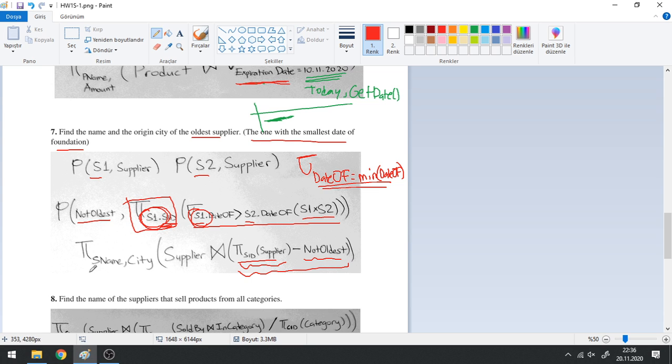And then, since I need the S name and the city information, I still need to join it with the supplier table, because for now, since I projected SID, I just have SID. Through SID, if you look at the supplier table, SID is the primary key, so I can join these tables. And since the joins are trivial, I do not need to specify what I'm joining.